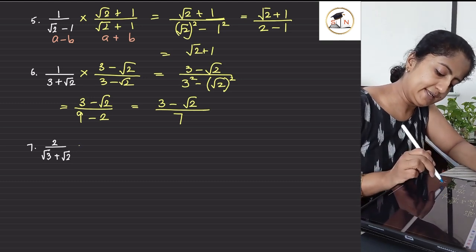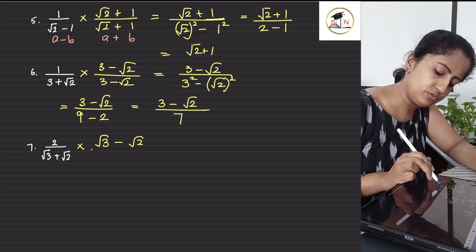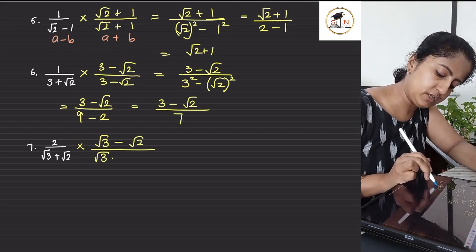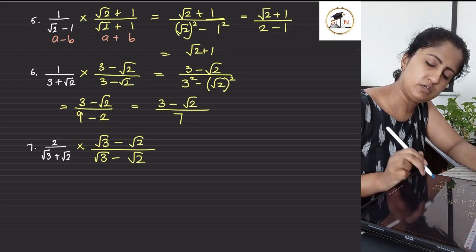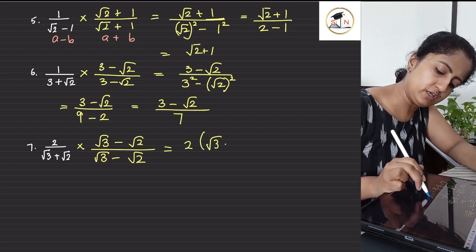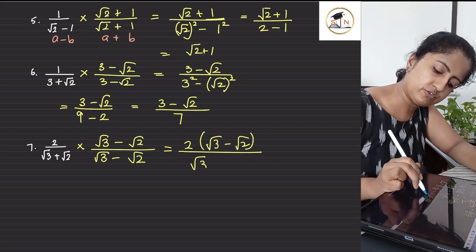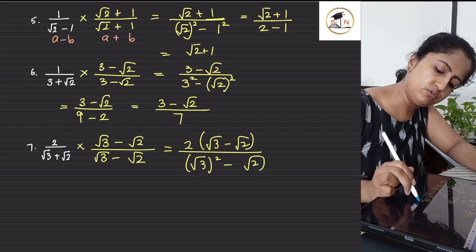Okay, now let's try the next one. We will multiply and divide with root 3 minus root 2 over root 3 minus root 2. So what do we have? 2 times root 3 minus root 2 over root 3 square minus root 2 square.